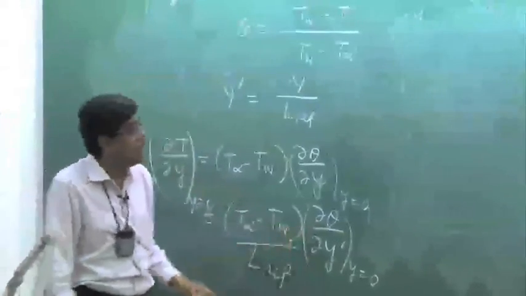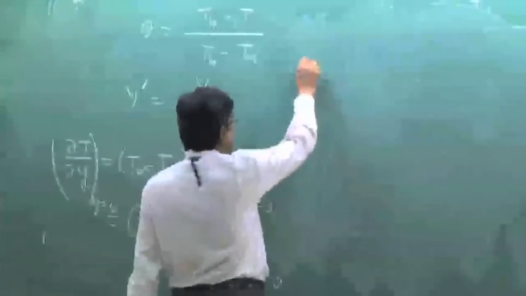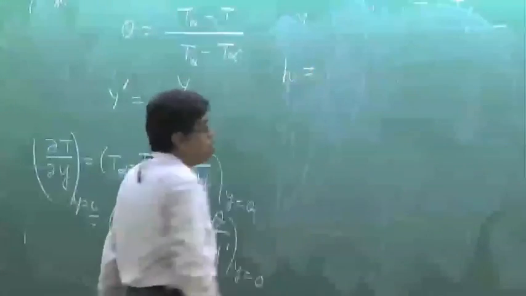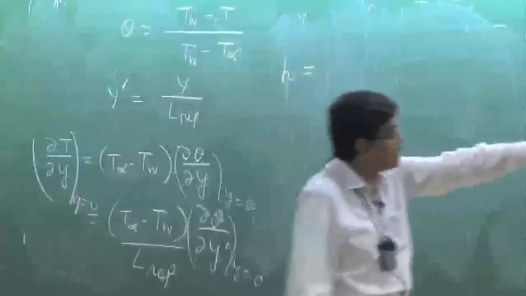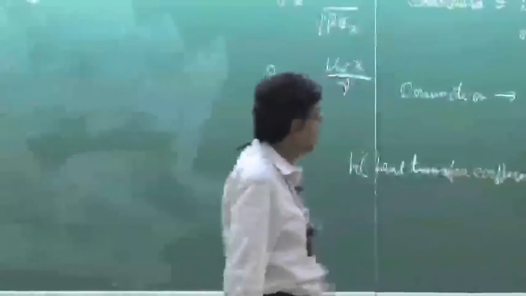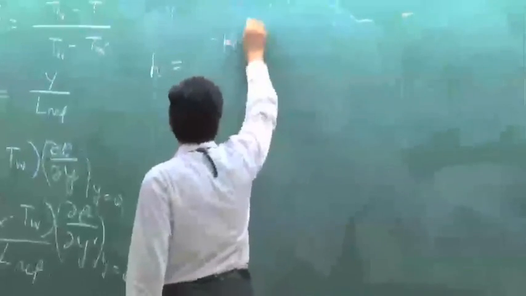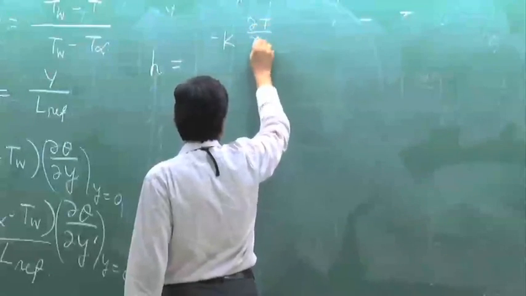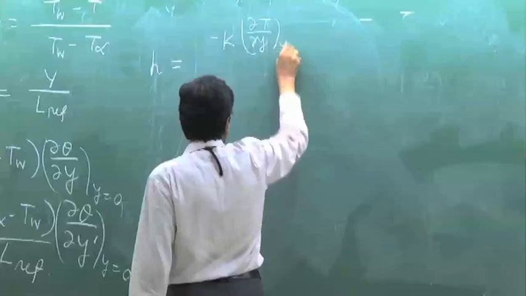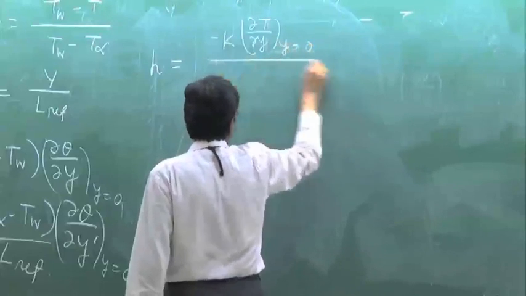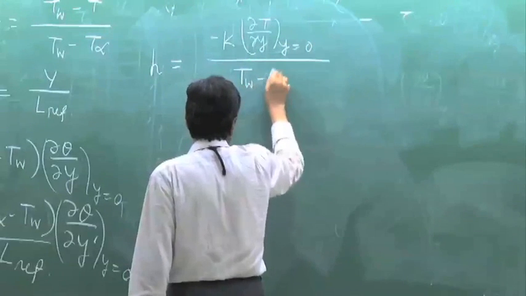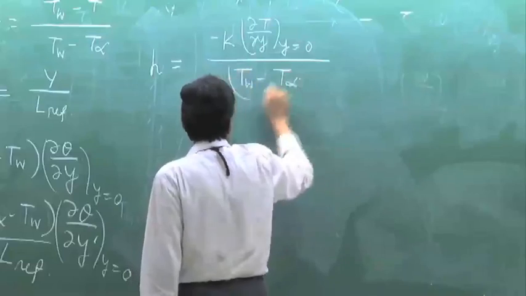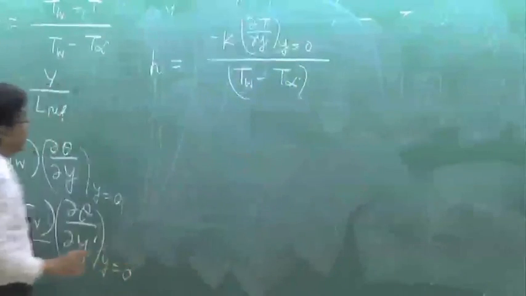Then now if I put there, then I get h is equal to minus k del T del y at y is equal to 0 divided by Tw minus T infinity. Again I write minus k, it will be easier if I write it here, del T del y at y is equal to 0 divided by Tw minus T infinity. If I now write this, then what you get?